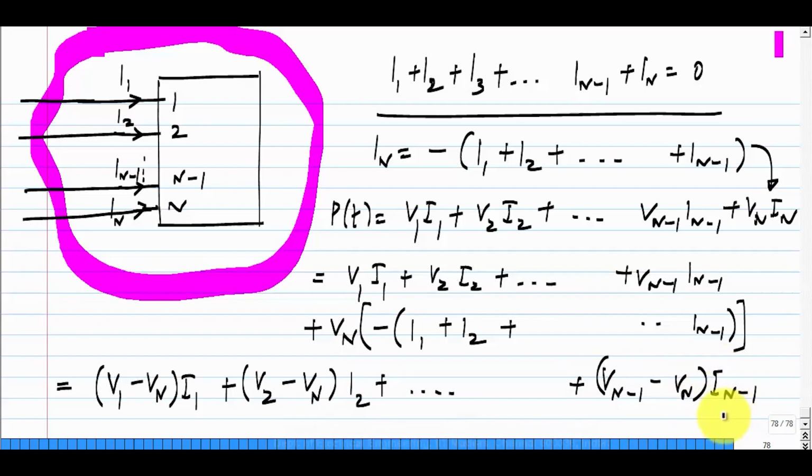So, all I have done is to take my original expression and rearrange it.